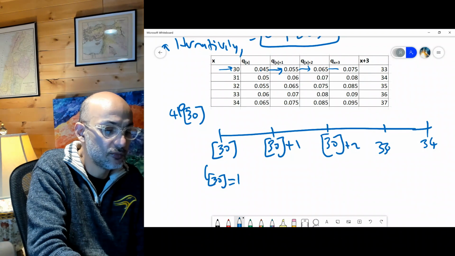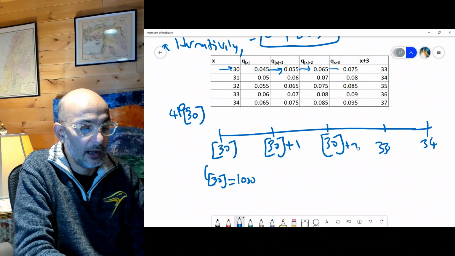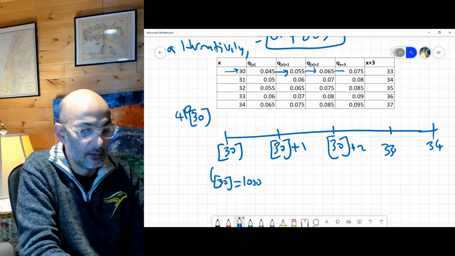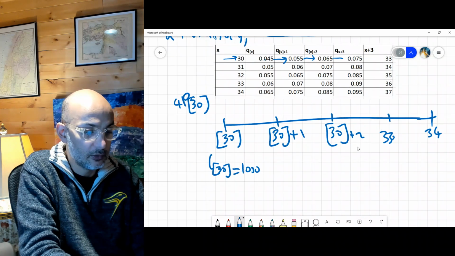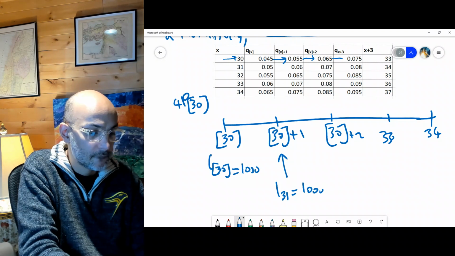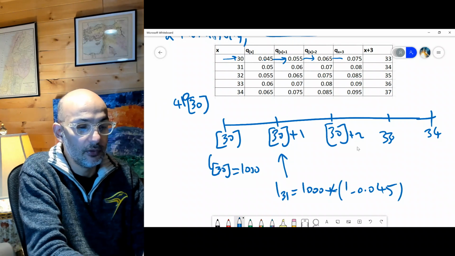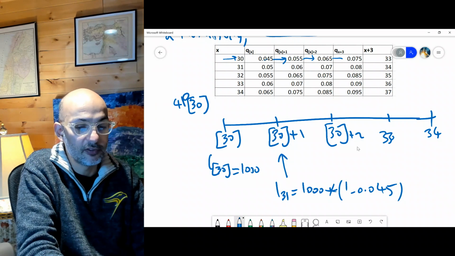I just assume a number, then it's the same logic. So now L31, and then I keep multiplying by 1 minus this, starting with 1000.